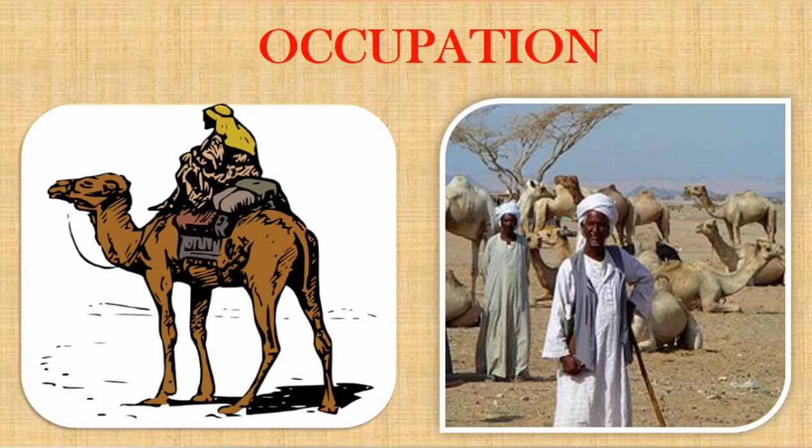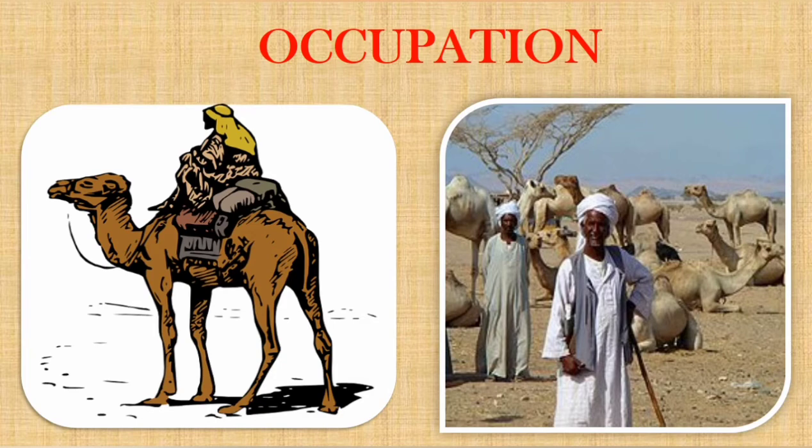Here you can see another picture of a camel and a man. What is he doing? He is riding the camel, traveling from one place to another, maybe. Camel is known as the ship of the desert. Why? It is used to travel from one place to another place.